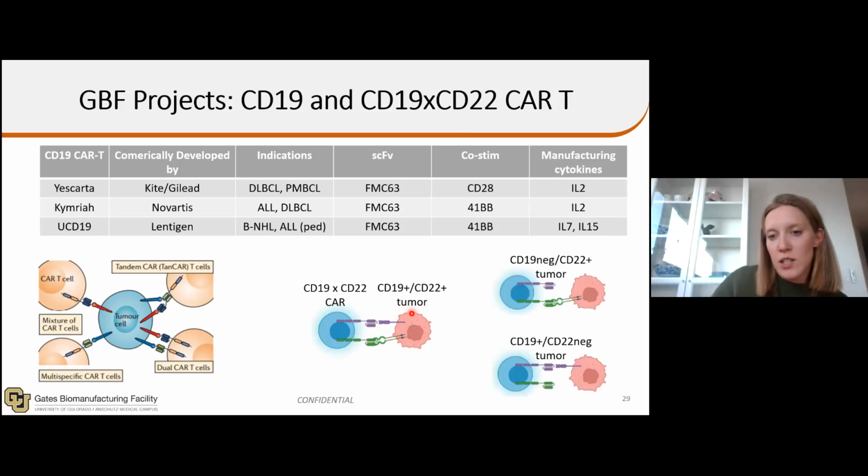If you make a CAR that targets both, a construct that has CARs for both CD19 and CD22, you would be able to target a tumor even when it's lost either CD19 or CD22. This trial we're just launching now, but it'll be really interesting to see, especially in the long run, how this dual CAR approach works, and whether you're able to circumvent the CD19-negative relapse that has been reported in the clinic.